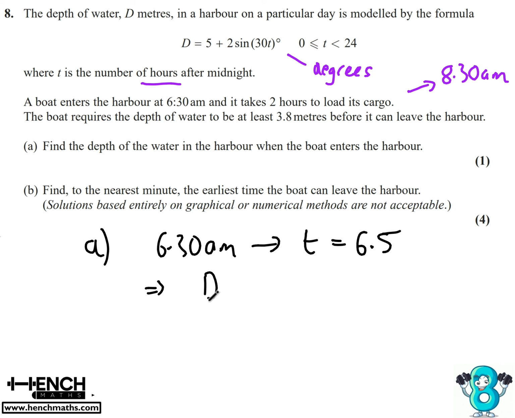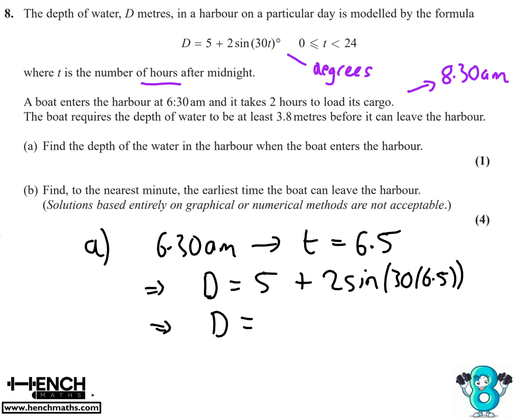So d is going to be equal to 5 plus 2 sine 30 multiplied by 6.5. Make sure your calculator is in degrees mode. d is going to be equal to 4.48 meters. That's to 2 decimal places, to the nearest centimeter. That makes sense because it's above 3.8 meters, so it is deep enough for the boat to have entered.